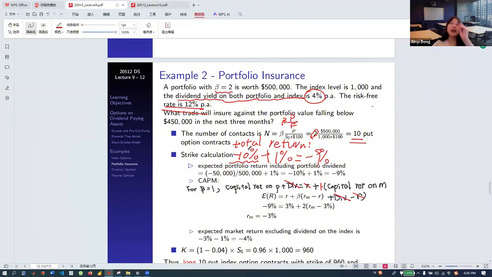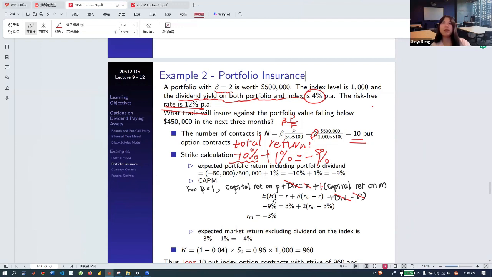Then we can utilize that to derive the return on the market index. We can derive that based on the CAPM model.